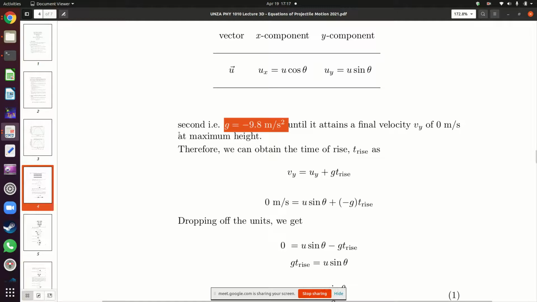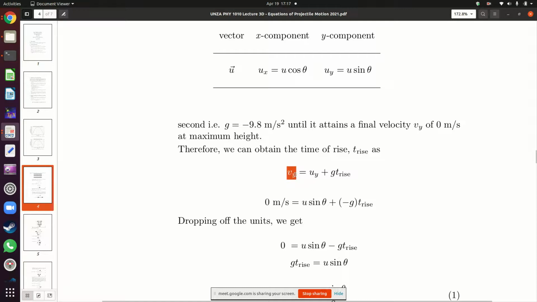How are we going to know that we're at maximum height? The velocity at maximum height of your projectile is going to be equal to 0 meters per second. So Vy at maximum height is going to be 0 meters per second. That's how we are going to know.